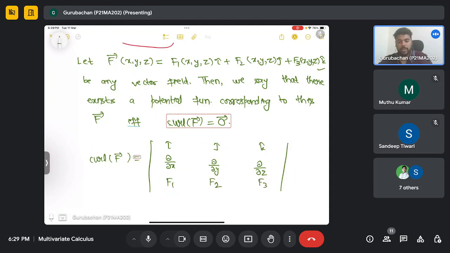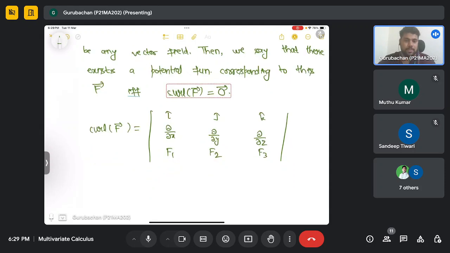So we need to calculate this and show that this curl f is 0 in order to get the existence of this potential function. If this is not equal to the zero vector, then we can guarantee that there does not exist a potential function corresponding to the given vector field.